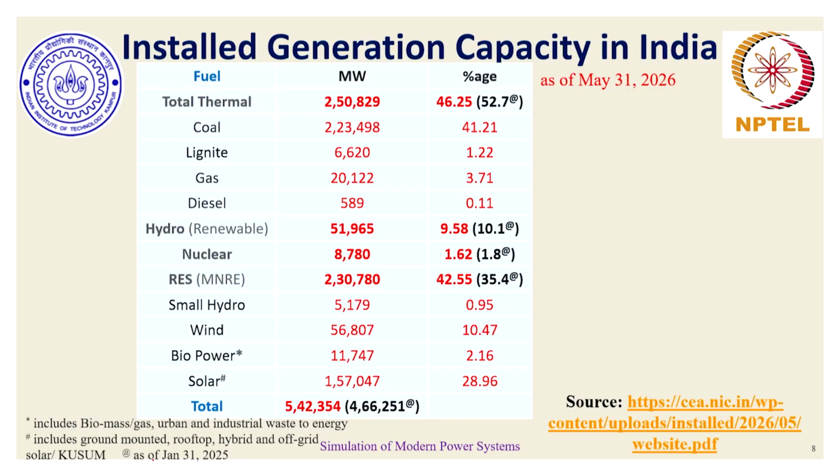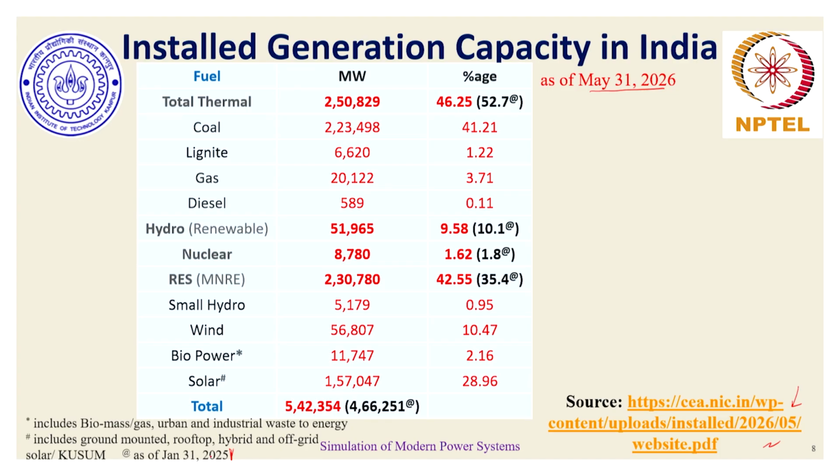If I refer to the data maintained by CEA on its website, the link is given here, compared with the data present on January 31st, 2025. Every month CEA updates its report on installed generation capacity, and it's a very interesting exercise to see how the numbers change. With reference to January 31st, 2025, and the situation a few weeks ago, May 31st, 2026, the table here shows those distinct numbers.